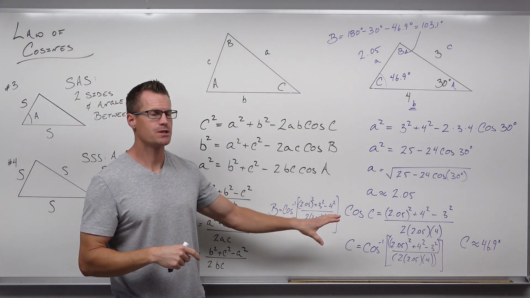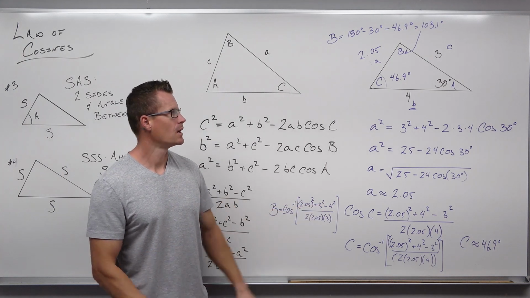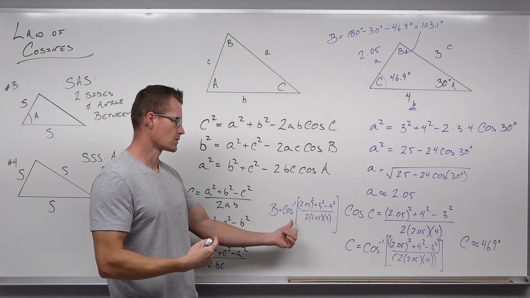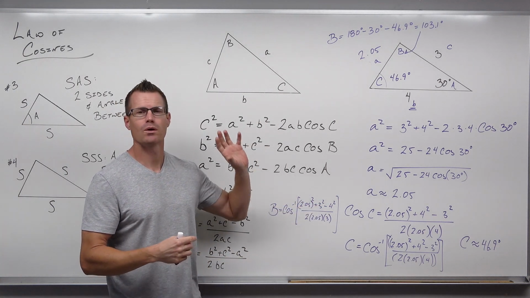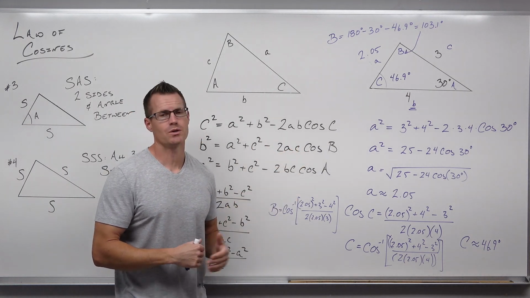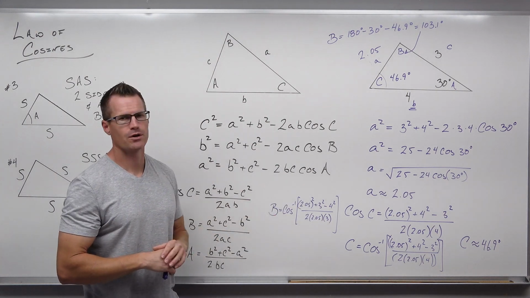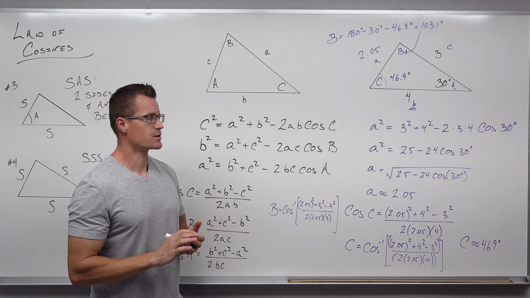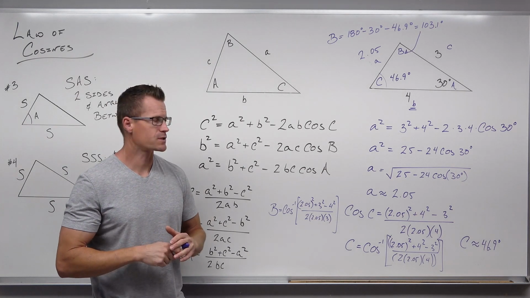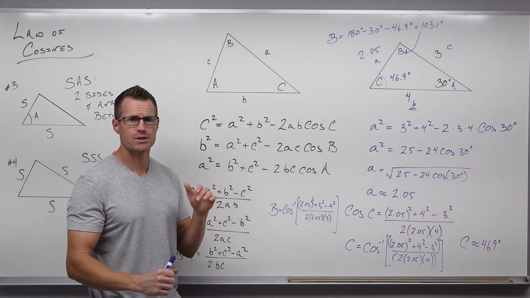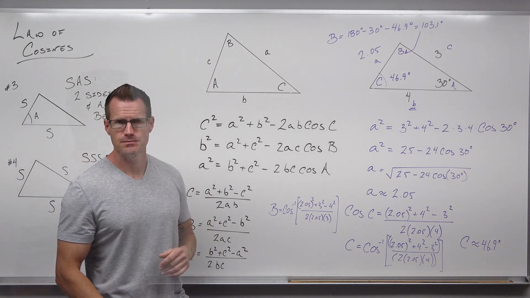There's not two options here. You just get that one. And then use either law of cosines again to find the different angle, or interior angle sum if you're sure that you got that right. Interior angle sum would not check your work though, where another law of cosines would. So I hope that makes sense. It's a little bit more straightforward than law of sines. Let's go ahead, we'll do a couple more examples and end with an application.